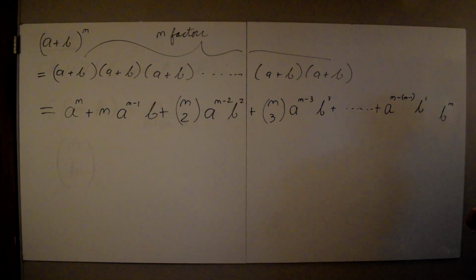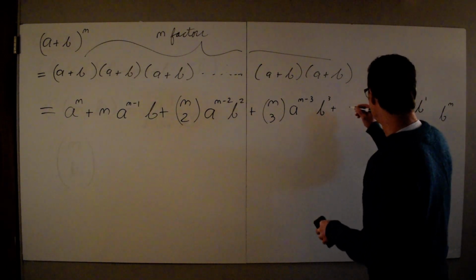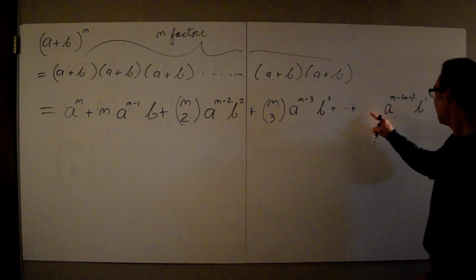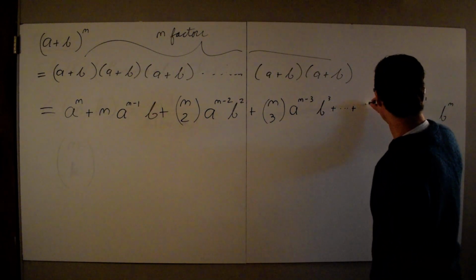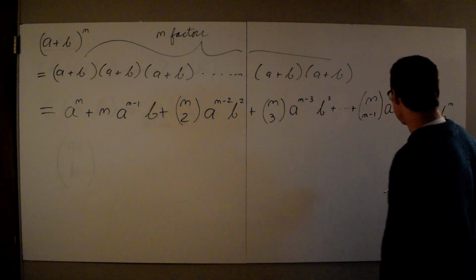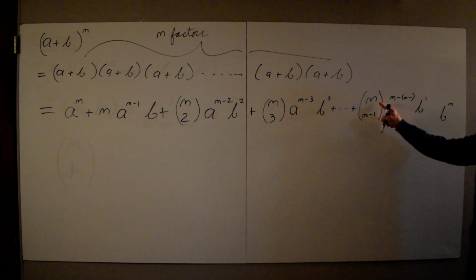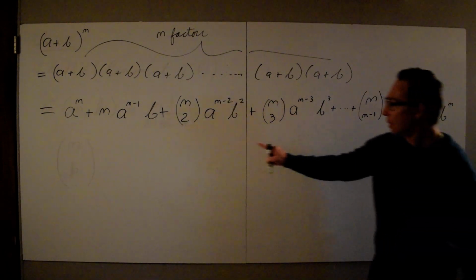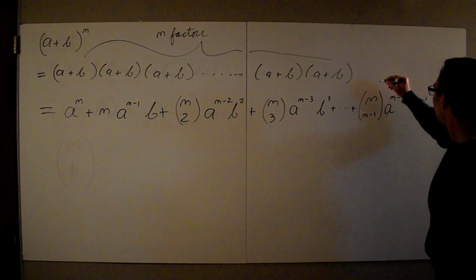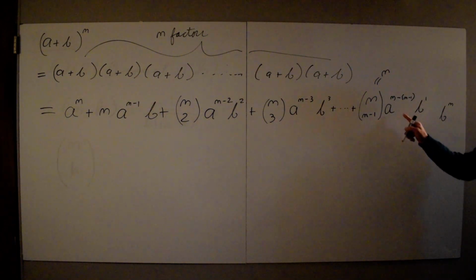I didn't save room for my coefficient. How many of these terms do we have? We have n choose n minus 1. This is actually the same as n choose 1, which is just n. So even though I wrote this coefficient differently than the one right here, it is actually equal to n.